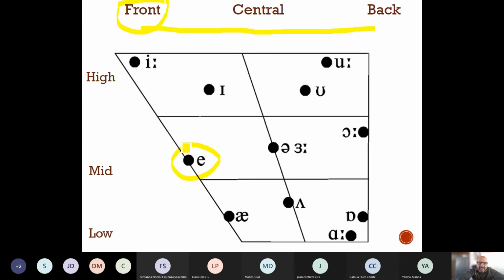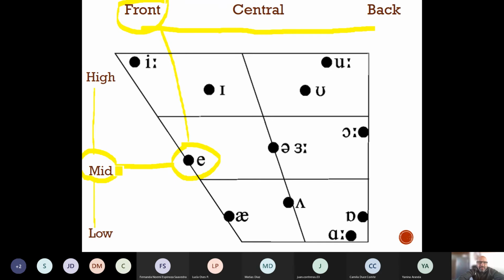It's a front vowel sound. In terms of height, it's a mid vowel sound.